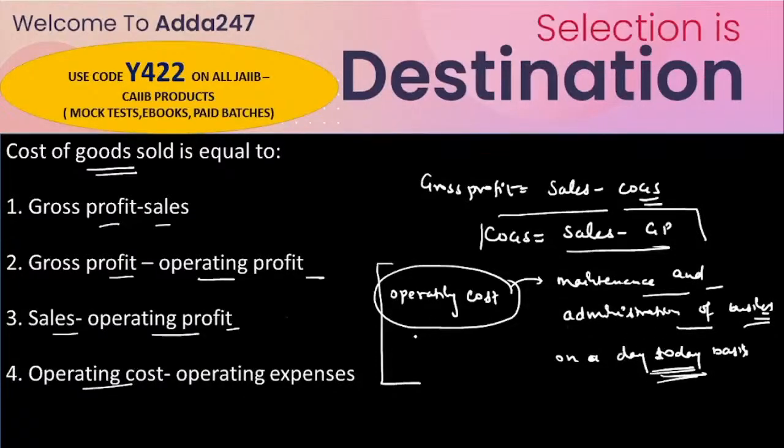It basically includes cost of goods sold and operating expenses.